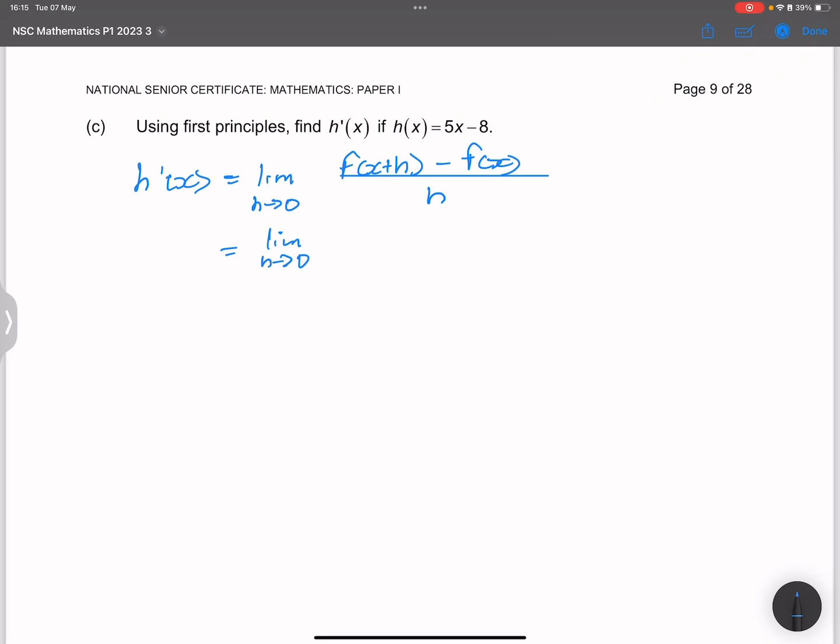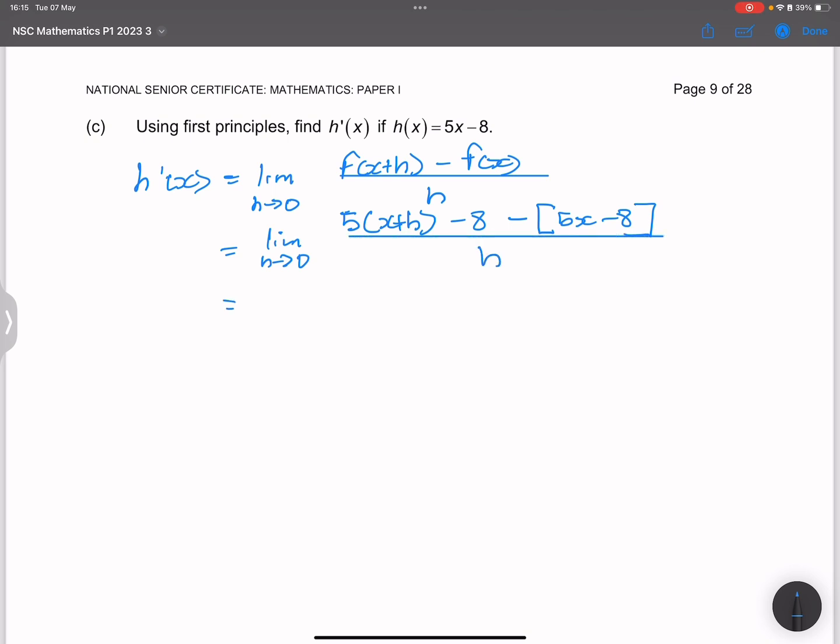In this case, we're talking about the difference between the 2 points. So what's f of x plus h? That's 5 into x plus h minus 8, minus f of x. Now f of x is 5x minus 8. This is divided by h.